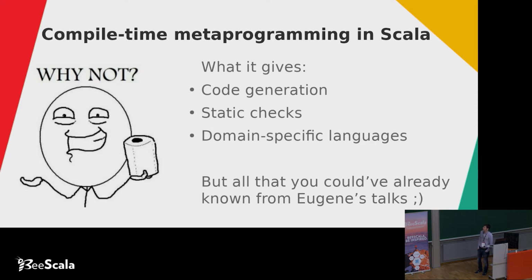Some domain-specific languages, but that has to have a big goal or aim. Introducing DSLs is always a strange thing. But anyway, a lot of those things you could have heard from Eugene's talks starting from 2013, 2014, and so on.